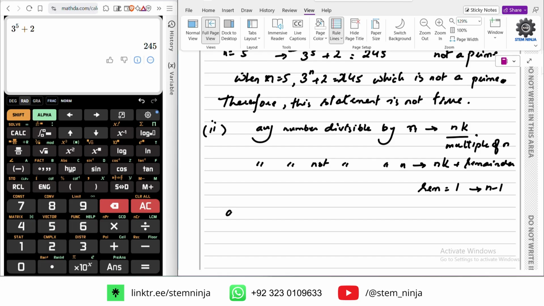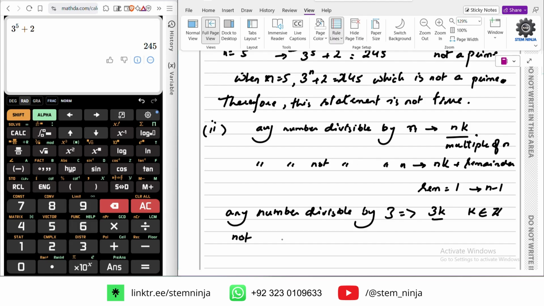So for example, a number divisible by 3 will be a multiple of 3, so 3k, where k is any integer, just like in the previous one. So this means that this is a multiple of 3.